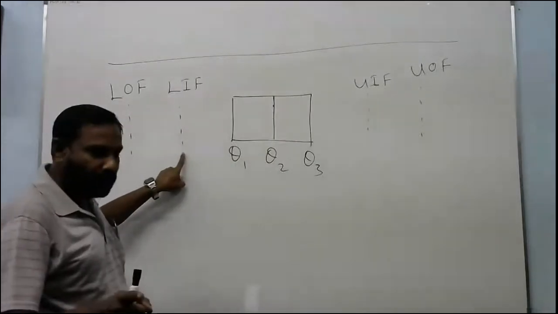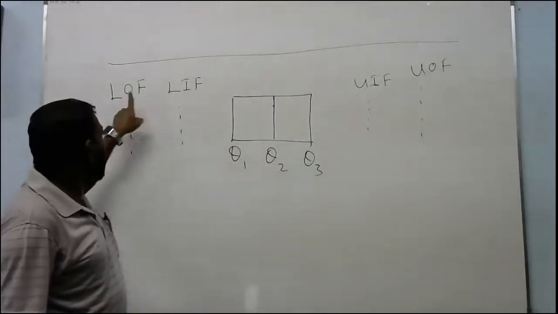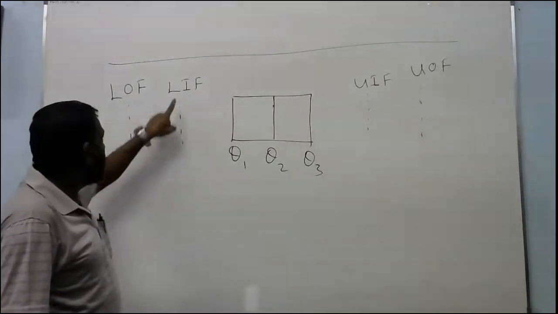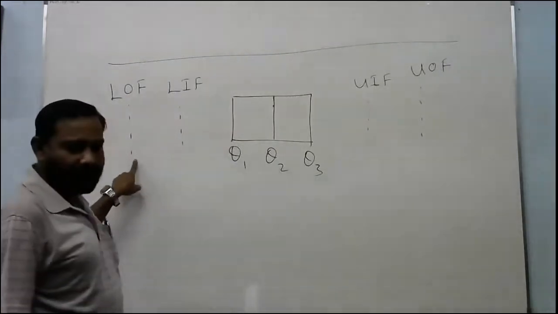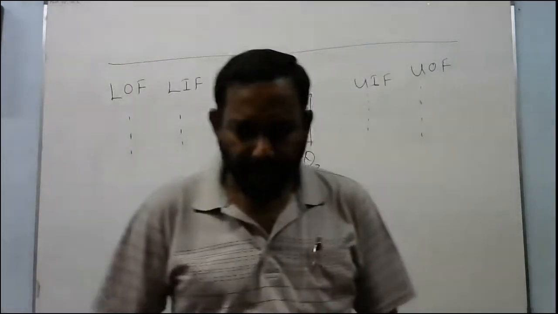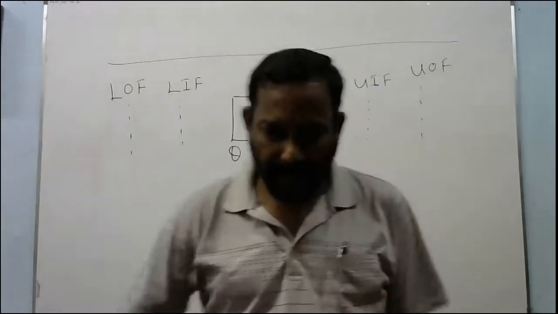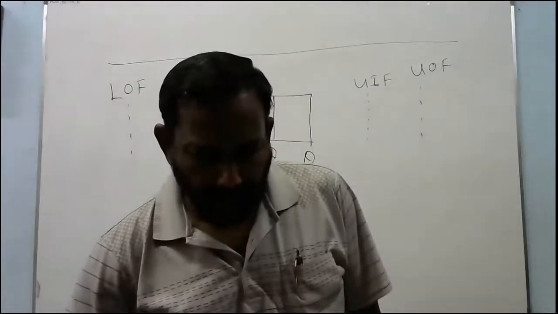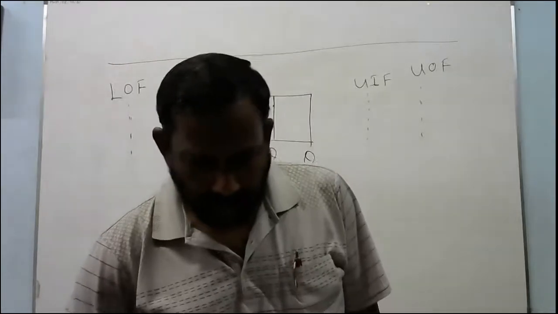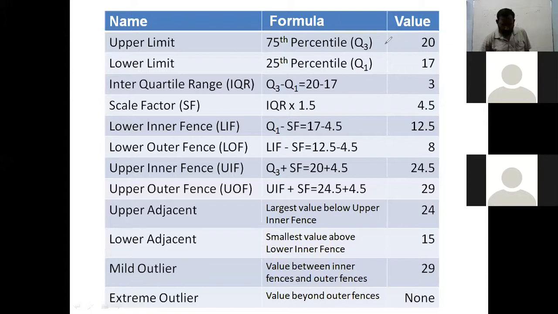Look at your notes. Then lower outer fence is lower inner fence minus the scale factor. So that is how it is incorporated. Right? Let's move to the rest of the calculation. Any questions? So these are just calculations from the same data that we have used earlier.